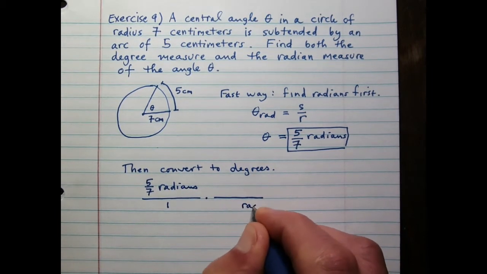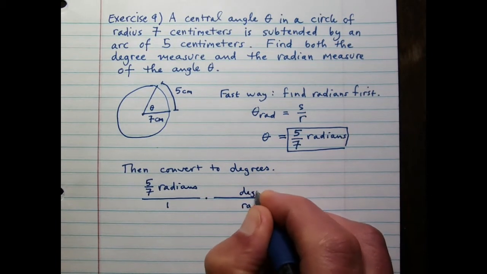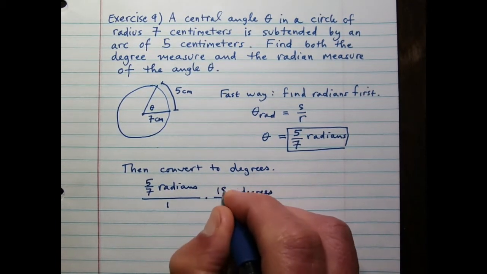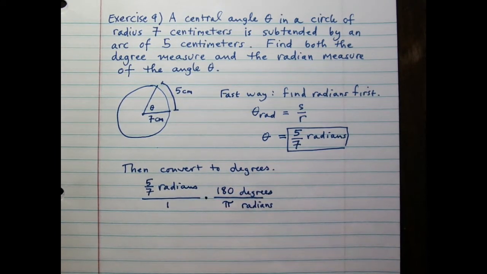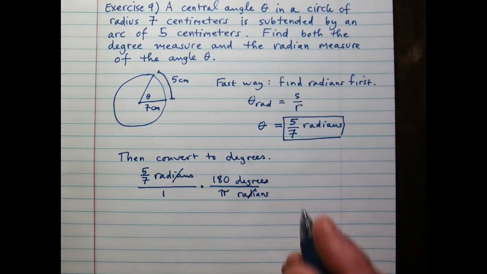We want to cancel radians, and we want to end up with degrees. So I'm going to write 180 degrees over pi radians. That's what I multiply by. The radians will cancel, and I'll end up with an answer in degrees.